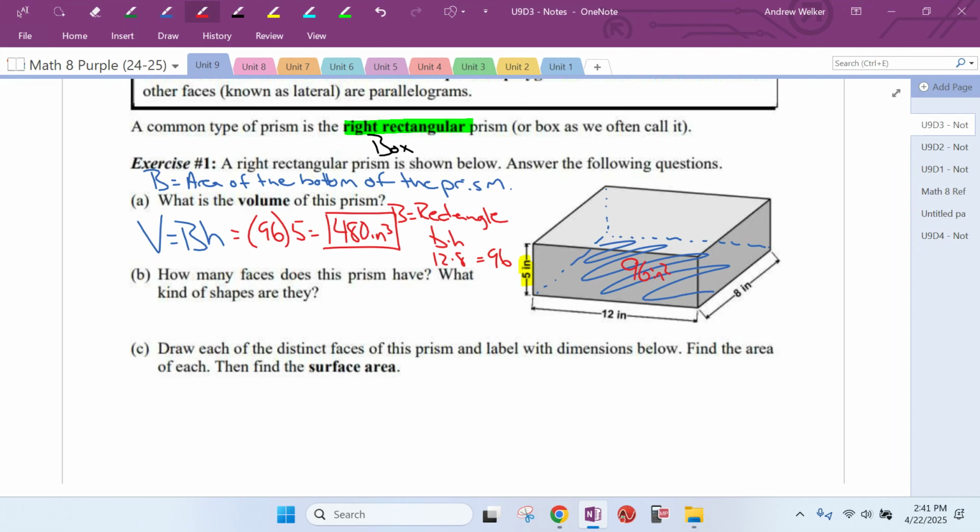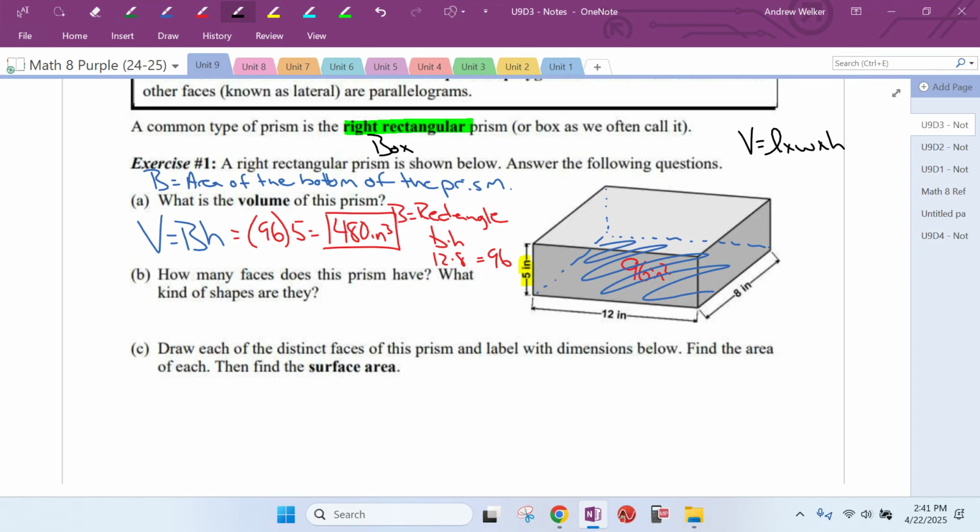Some of you might be like, we've done this in the past, and the formula we used was volume equals length times width times height. And that's true. That is a very, very good volume formula, but it only works if the bottom of your prism is a rectangle, and not every prism has a rectangular bottom.